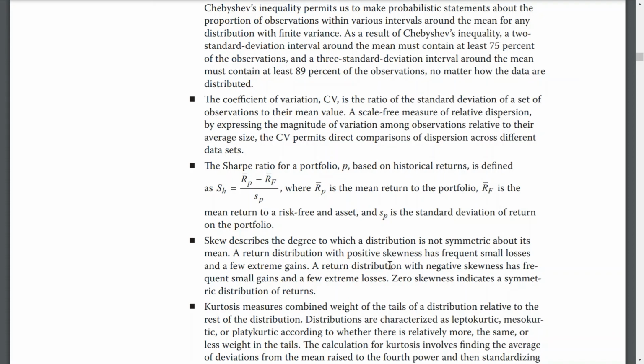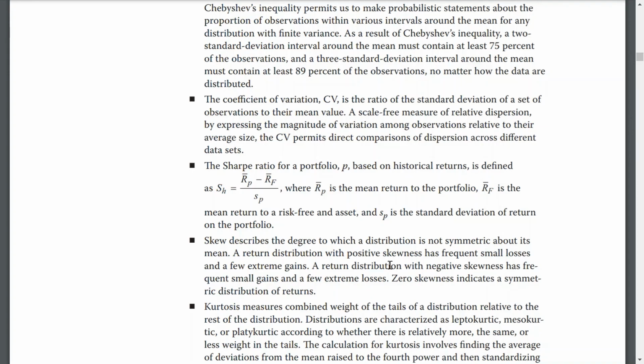The Sharpe ratio for a portfolio P based on historical returns is defined as this, where R bar sub P is the mean return of the portfolio, R bar sub F is the mean return of the risk-free asset, and s sub P is the standard deviation of returns on the portfolio.